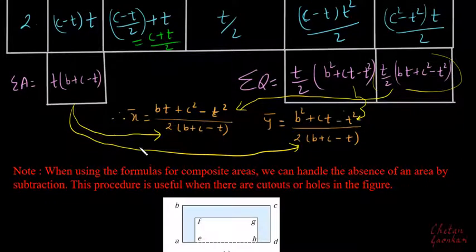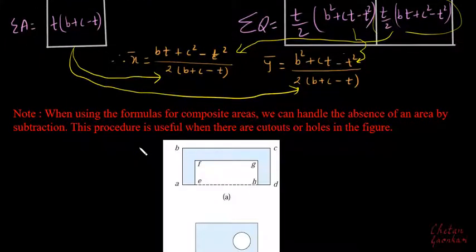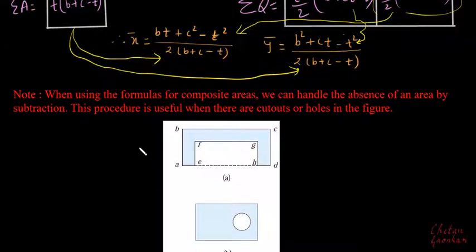Fine. All right. Now we need to take note of the case where we have composite areas wherein there is an absence of area. If we look here carefully, this is actually the total rectangle ABCD, but from this the rectangle EFGH is missing.